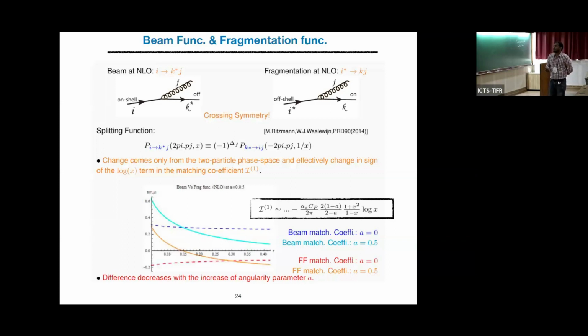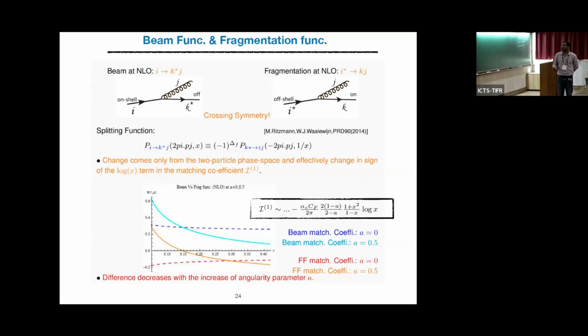Another byproduct we got from this study: at NLO, the beam function is produced from the initial state radiation. Without calculating the fragmentation function explicitly at NLO, we can directly have a mapping through the crossing symmetry in the phase space from here to here, because in this diagram it's on-shell going to off-shell, and this is off-shell going to on-shell, so we have the crossing symmetry in the phase space.